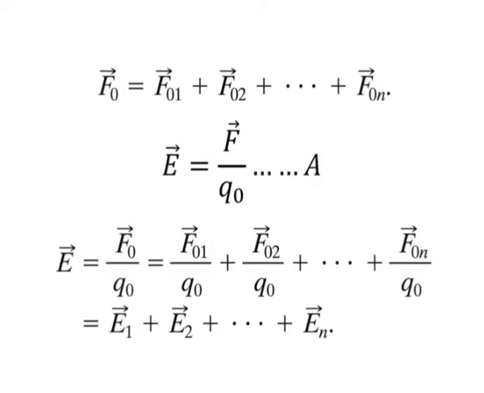This tells us that the electric field also obeys the principle of superposition. If you want the net electric field at a given point due to several particles, find the electric field due to each particle, such as due to particle 1, and then sum the fields as vectors.